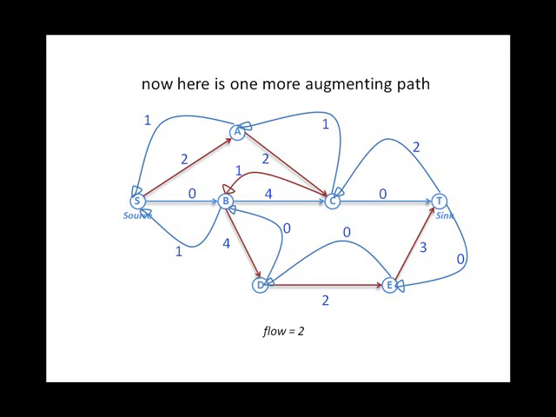What is the maximum amount of flow we can send? That is nothing but the minimum capacity of an edge along that path, so that is 1. Once we increase the flow by 1, the flow is now 3, and this is the resulting network after augmenting.